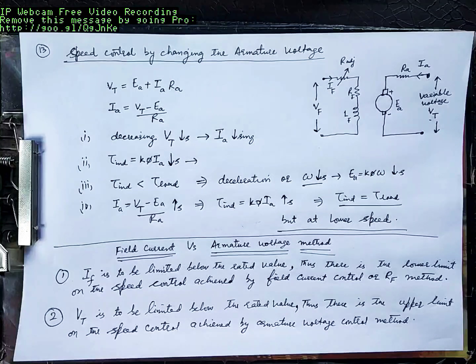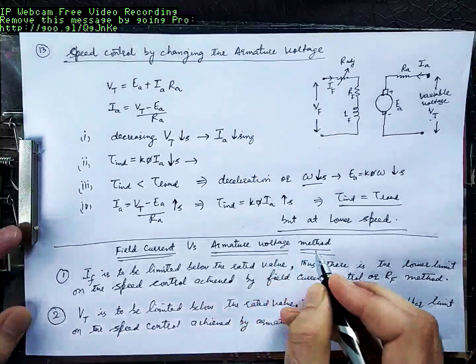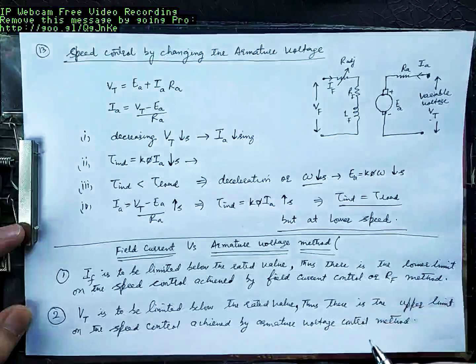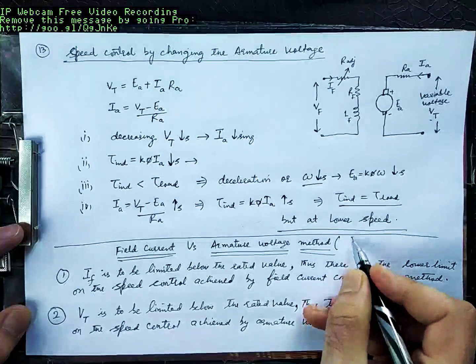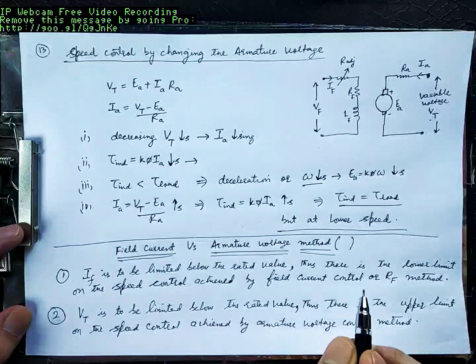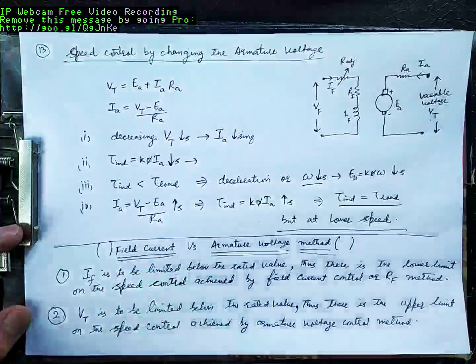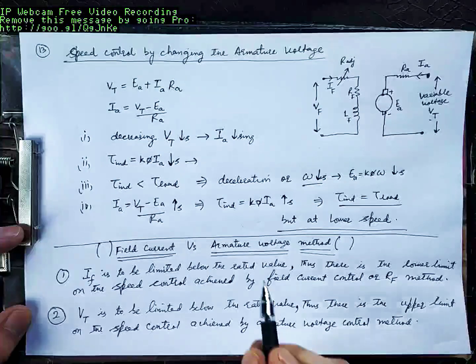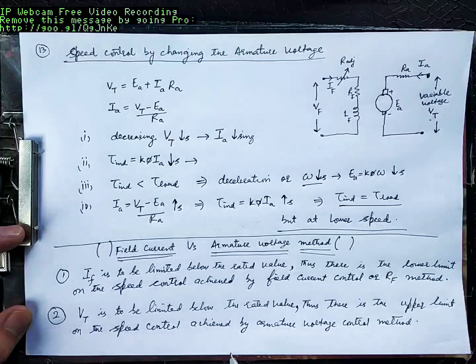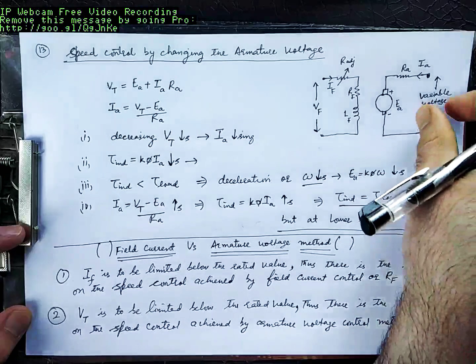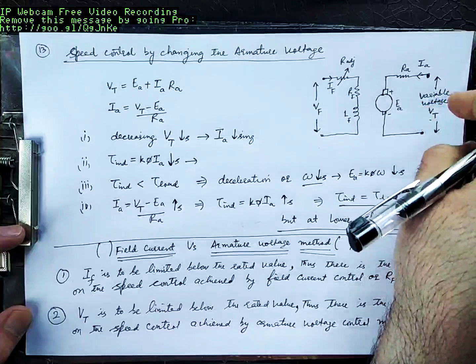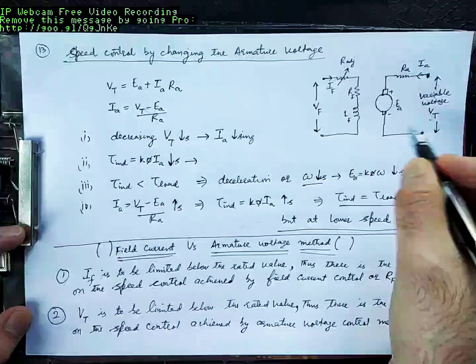Thus, for speeds below the rated speed, we use the armature voltage method, and for speeds above the rated speed, we use the field current method. Because if you want speed less than the rated value, you can reduce the terminal voltage. If you reduce the terminal voltage, speed will decrease and there is no issue in the motor.